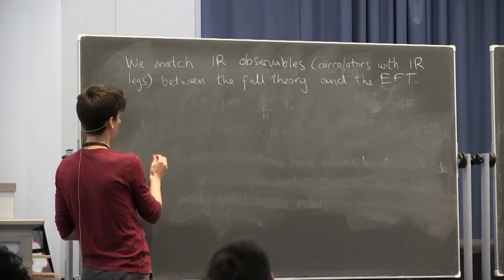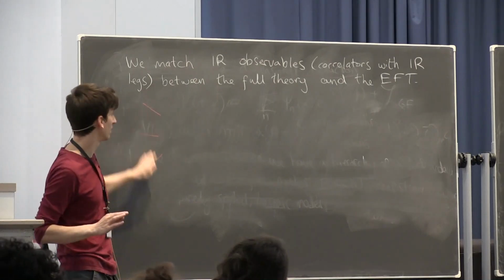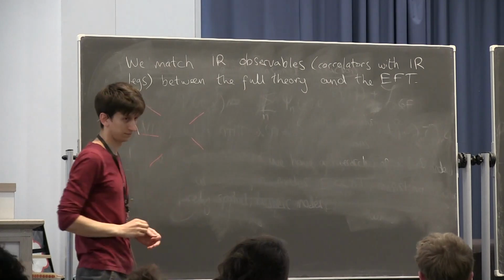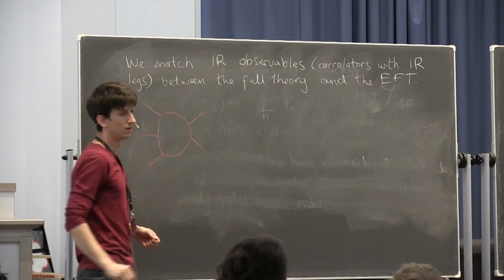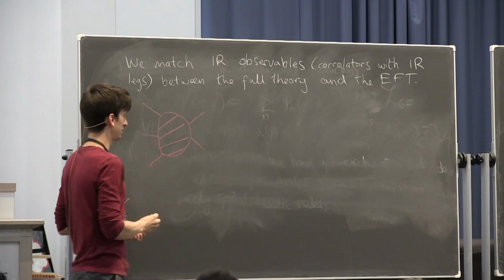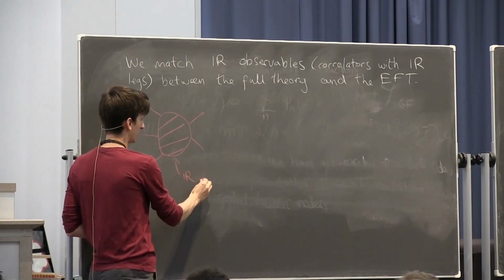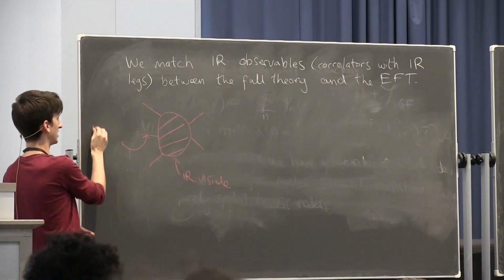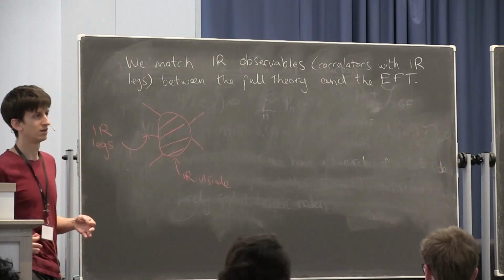So I'm interested in some correlation function. Let's pick a specific correlation function, which has 5 infrared legs. In principle, anything can happen in the middle. And because I've chosen red here, this diagram represents IR on the inside. And of course, I'm only interested in the case where we have IR legs, because these are infrared observables.